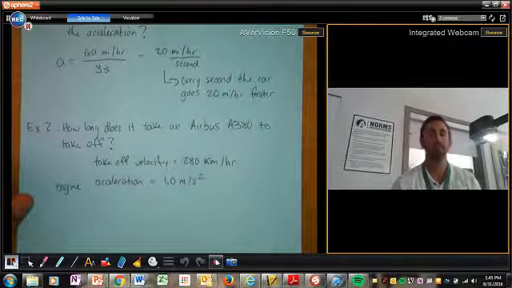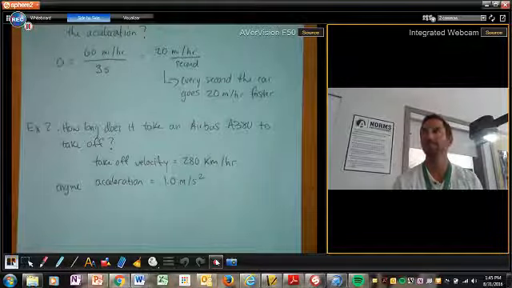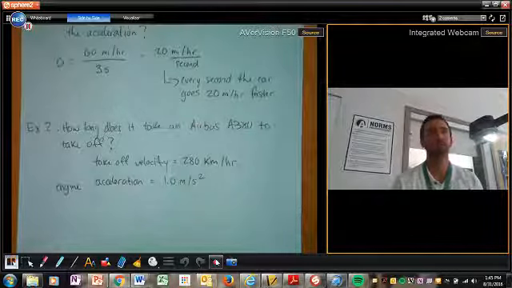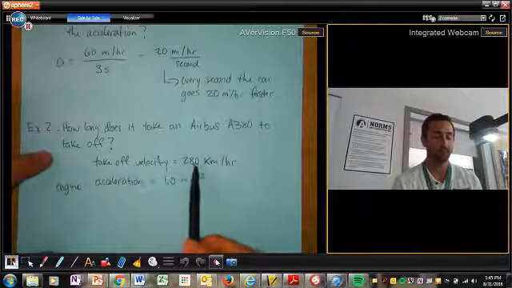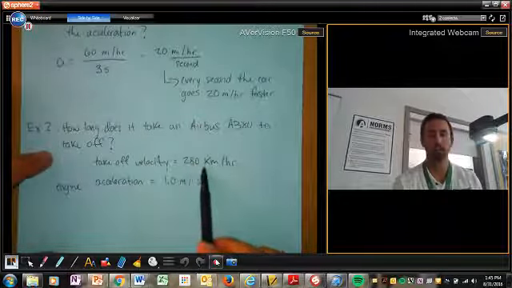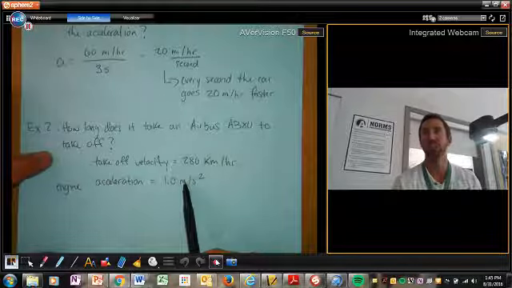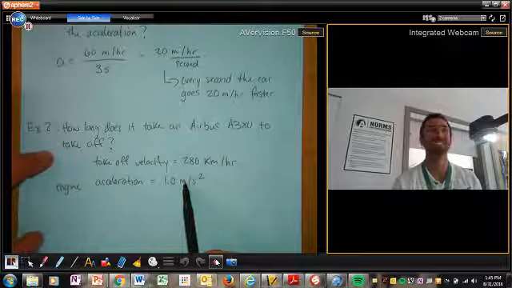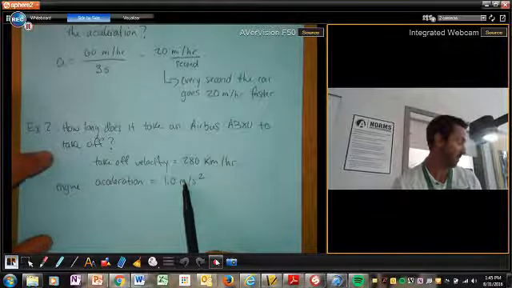I'm not going to have you do this a ton, but do we see a problem? It's squared, that's good, that's the unit. Look at this: when I'm talking about velocity, I'm talking about kilometers per hour, and my acceleration is talking about meters per second. I cannot have two different types of distances right there, so I need to convert something.